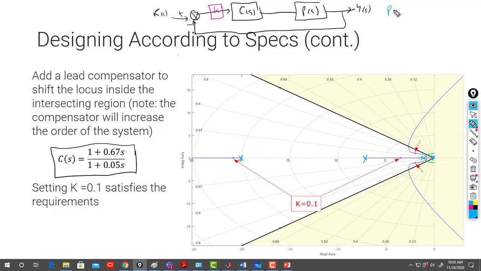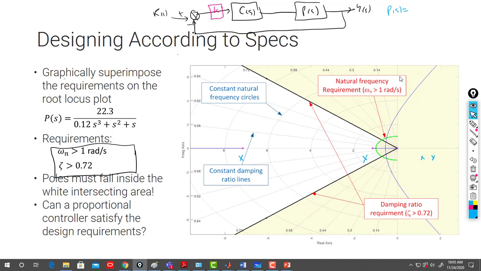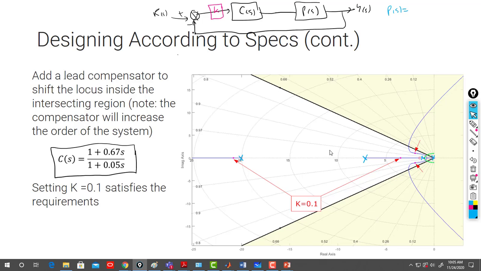Remember P of S from the previous slide was S3 plus S2 plus S, something like that, and here we have something here.